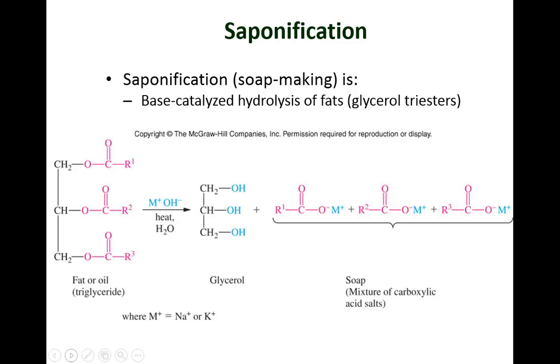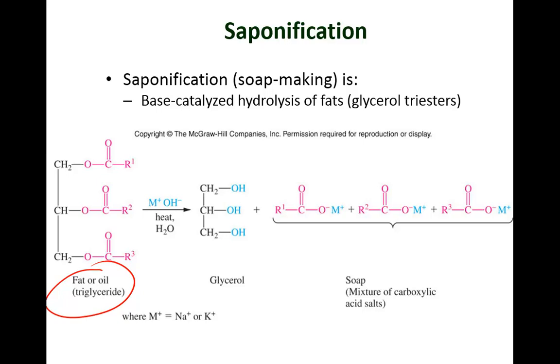Well, here's an example. It's a fat or oil, a triglyceride. You hear about triglycerides in your body. It's not good. These are fats and oils. We got 3 or 4 different names for the same thing, right? These are esters. These are fats, oils, triglycerides, all of that.